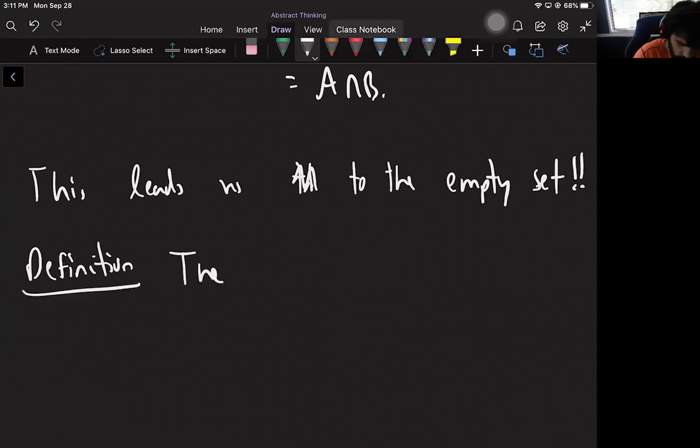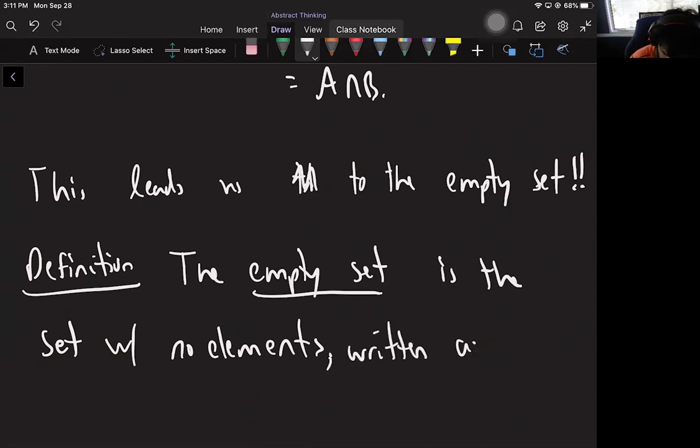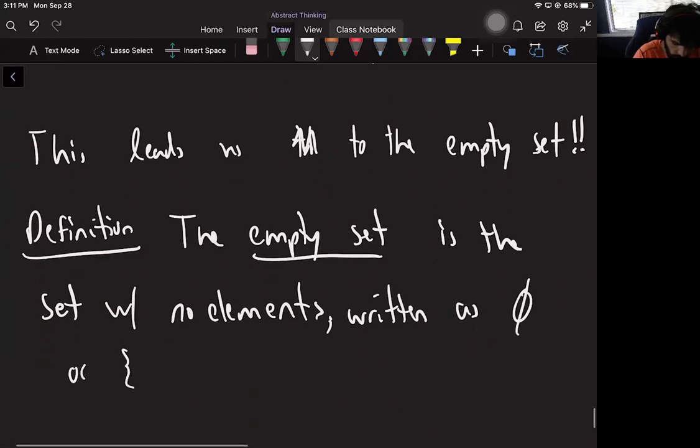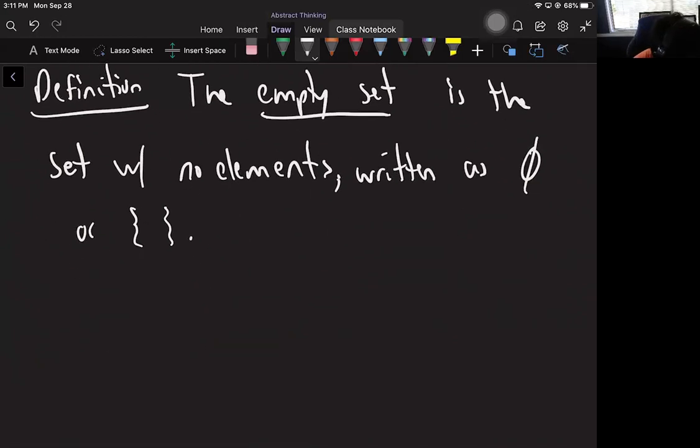The empty set is the only set with no elements. It's a very important set though. And you can write it like this, or the curly brackets with nothing inside of them. You can't really draw nothing, you can, because there's still space in between, but that's the best you can do.